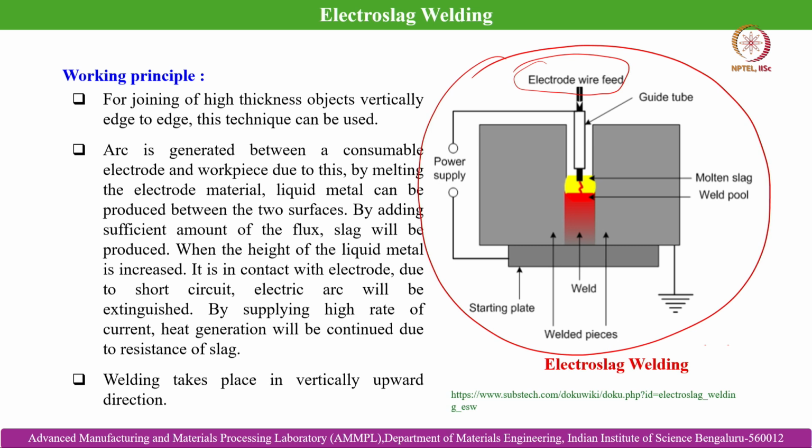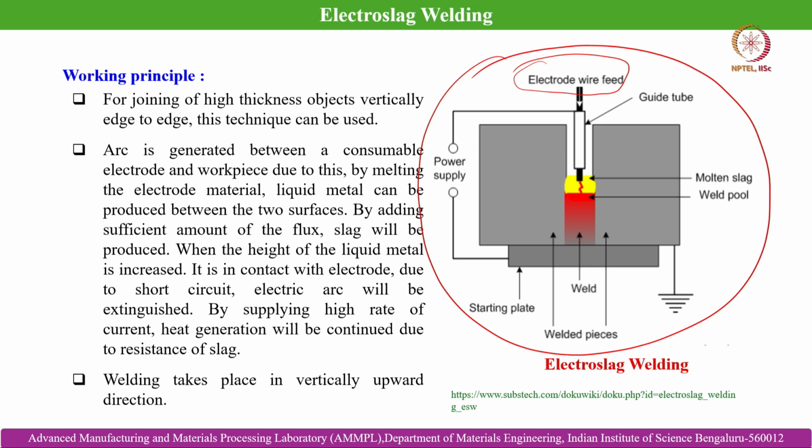And this is the guide tube through which the wire is fed, or you can also call it a torch, from where the electrode wire is fed to the joint location. So, in this case melting the electrode material, liquid melt can be produced between two surfaces by adding a sufficient amount of flux. Slag will be produced.